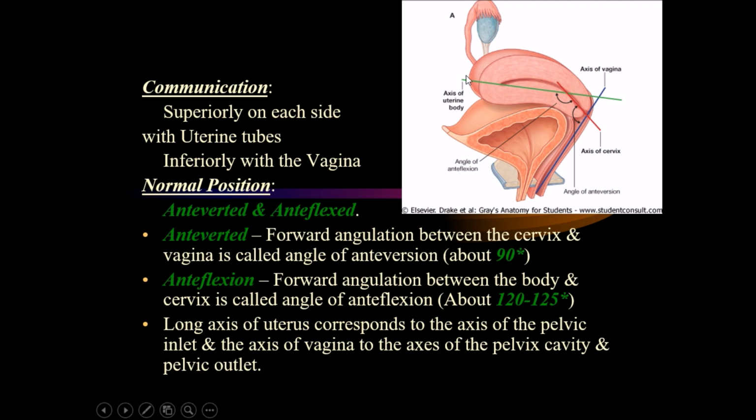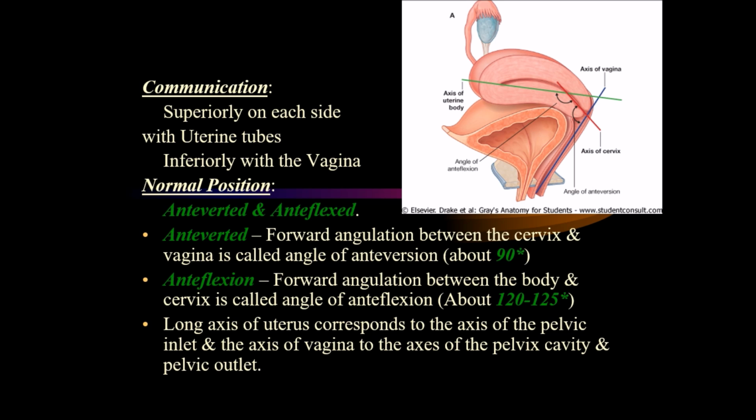The uterine axis is very important because it corresponds with the axis of the pelvic inlet. Similarly, the long axis of the vagina corresponds with the pelvic outlet.